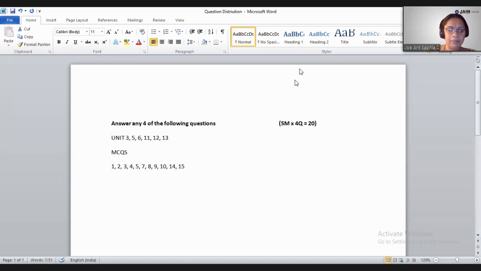Prototype pattern and builder pattern all come under unit 11. So unit 11: singleton pattern, prototype pattern, builder pattern.